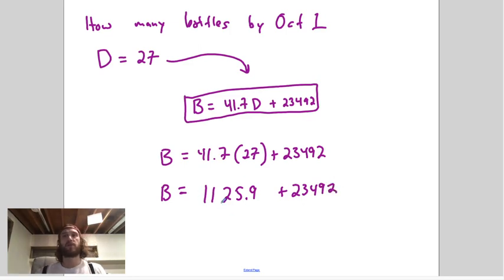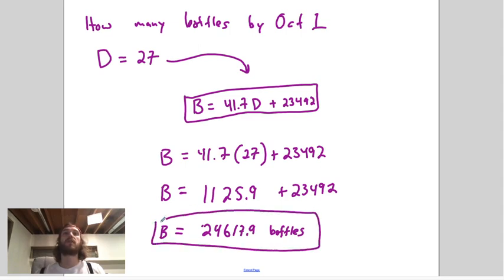So up till October 1st, it's processed 1,125.9 bottles. But remember, it already had this amount processed, so the total amount processed on October 1st by the machine will be 24,617.9 bottles. Fantastic.